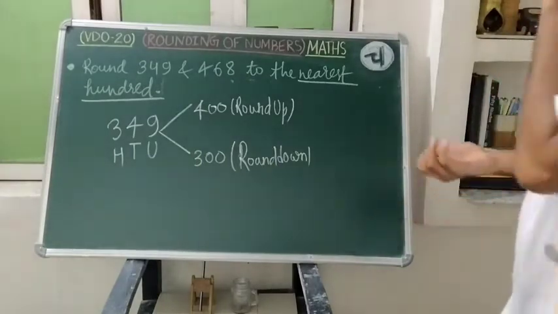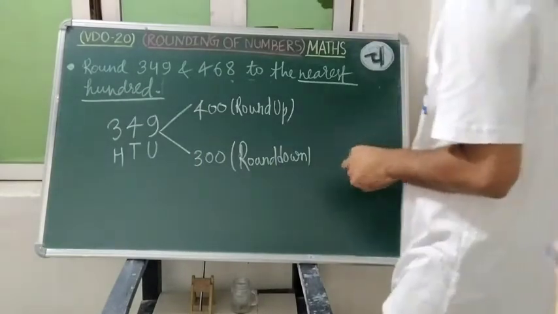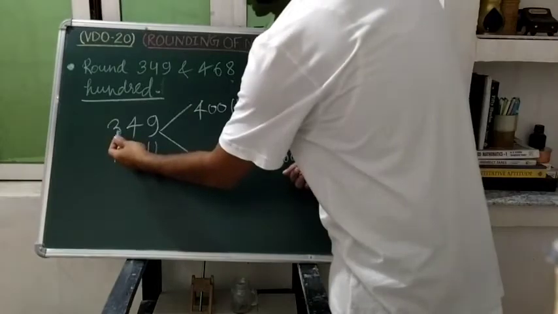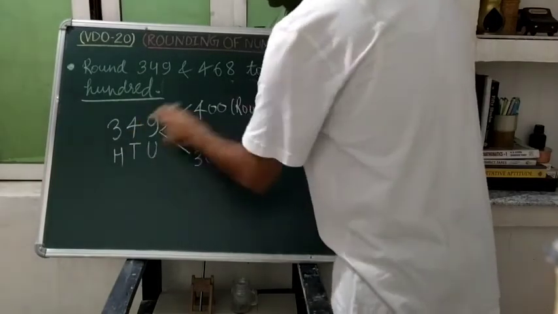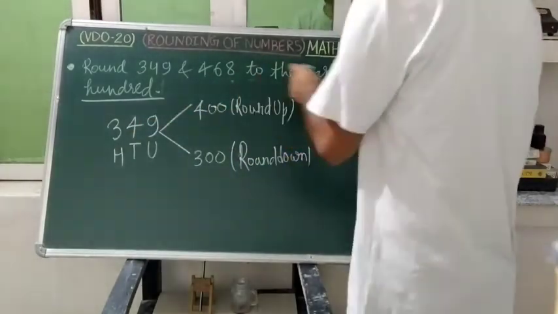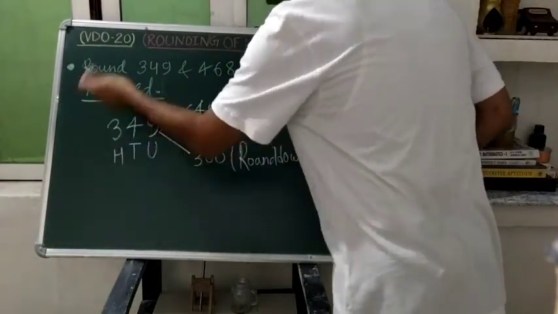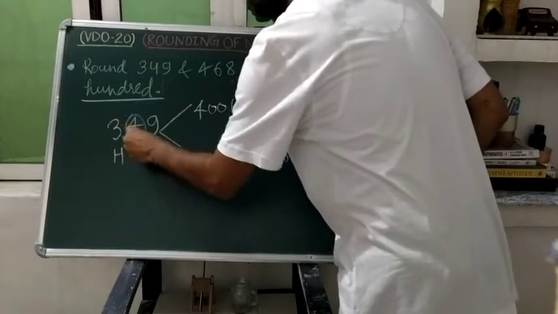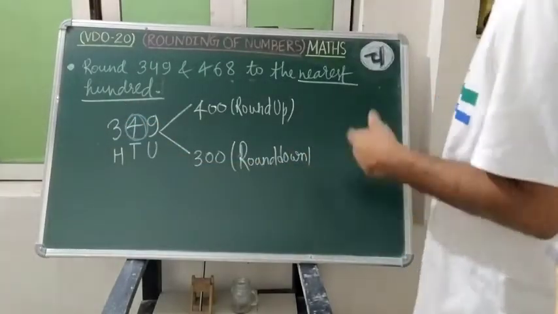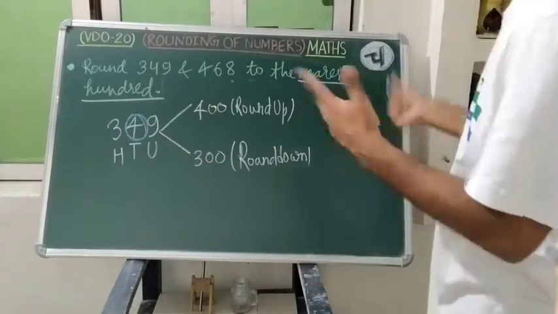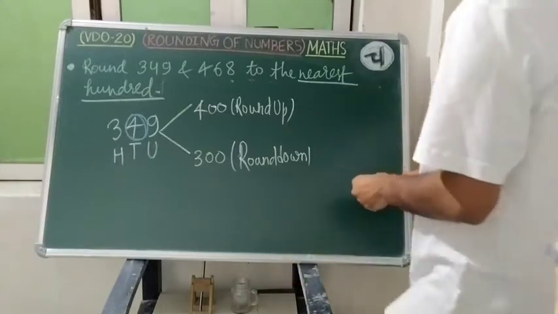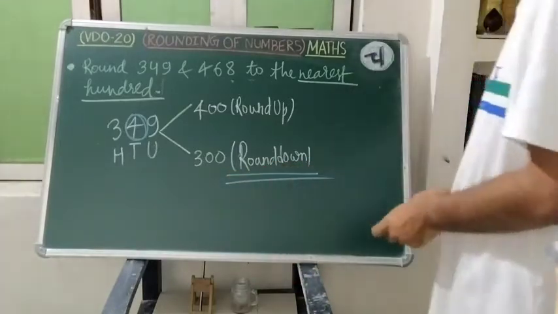And after doing this, what will we do? We will go to the digit present at the right place of the place given to us. The place given to us is the nearest 100. So on the right side of 100, what is present? 4. And for 4, please remember, we will round down.